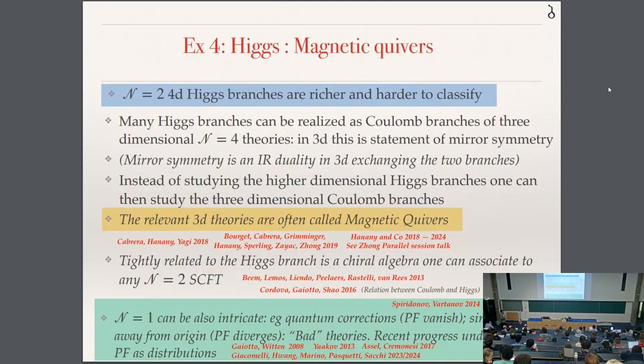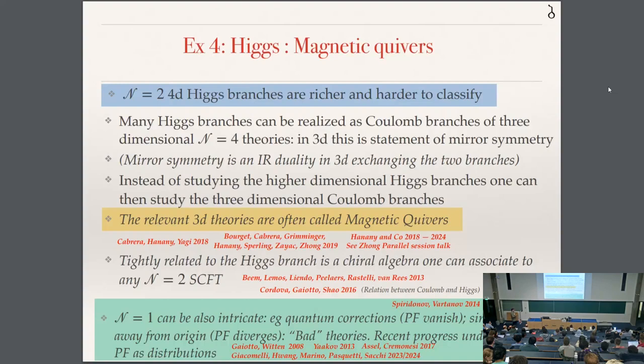So instead of studying the higher dimensional Higgs branches, one can try to understand Coulomb branches in 3 dimensions and classify them and classify their properties. And this is a program led by Amihay Hanany and his collaborators, and it goes under the name of magnetic quivers, where the magnetic is related to the fact that you need to use mirror symmetry to discuss these Higgs branches. You are really looking at Coulomb branches, but which are related by mirror symmetry to Higgs branches of theories that you are interested in.